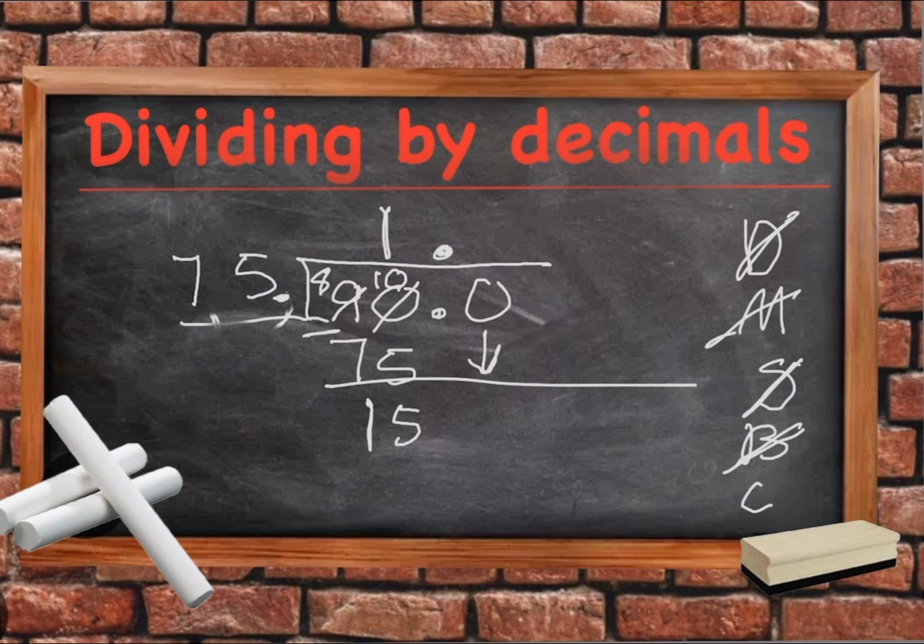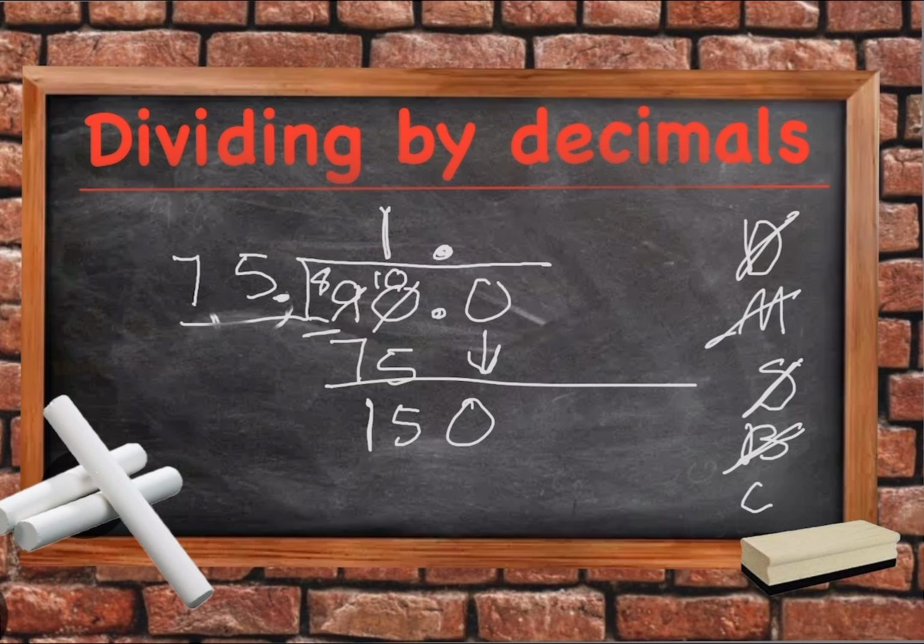Now we bring down the 0. So 150 this time. How many times does 75 go into 150? Well, let's see. We know that it can't go into it once because that would definitely be too small. So let's try twice.